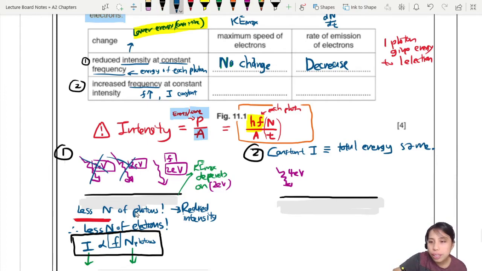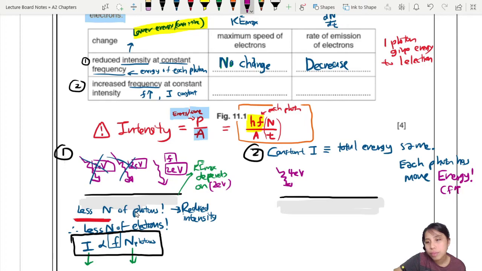So I write out here, each photon has more energy, because of increased frequency. That's number 1. But total energy is the same.